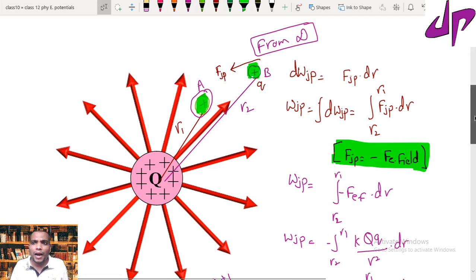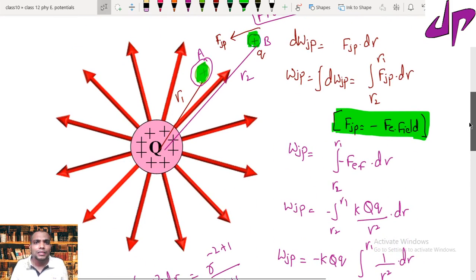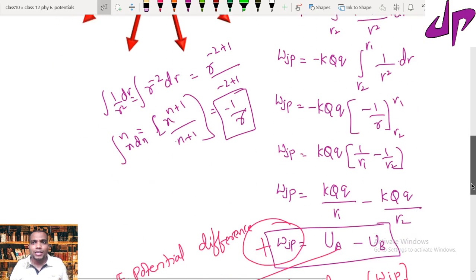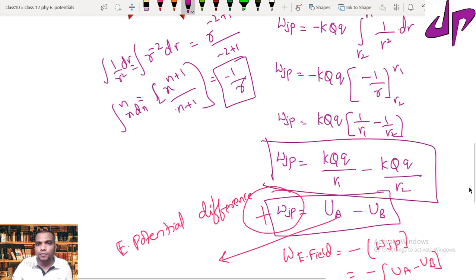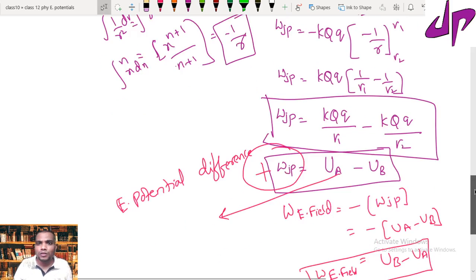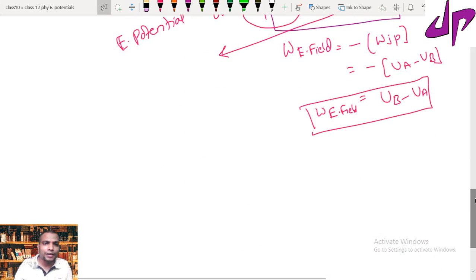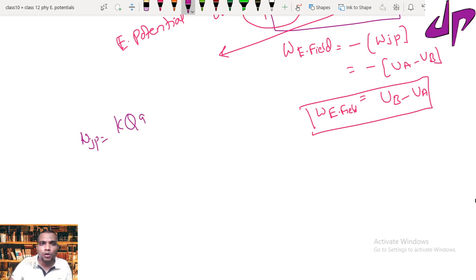Suppose I am doing work to bring a charge from infinity to a point in the electric field. In the integral which I solved here, the work done by me equals k q small q by r1 minus k q small q by r2.